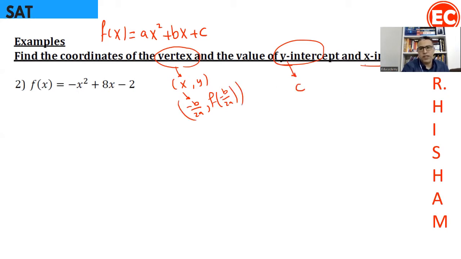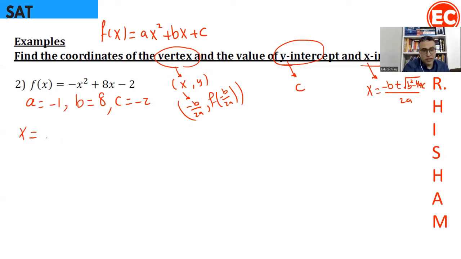The y-intercept is the value of c, and for the x-intercept, I can use the quadratic formula: x is equal to negative b plus or minus root b squared minus 4ac, divided by 2a. So a here is negative 1, b is 8, and c is negative 2.